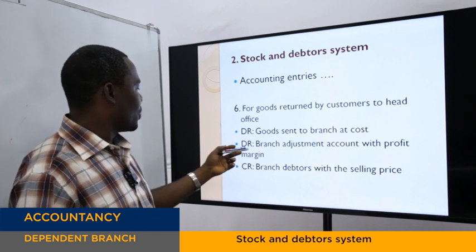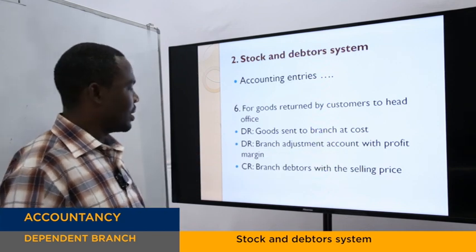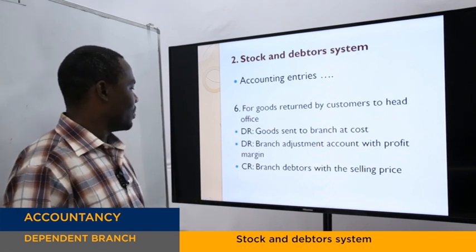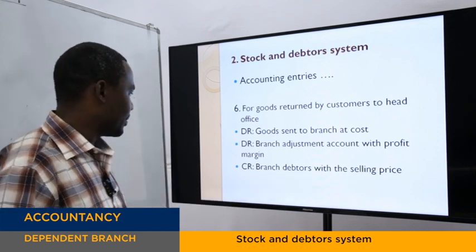But again, we are going to adjust this entry to the branch adjustment with the profit loaded. And this transaction automatically will be credited to the branch debtor at selling price.